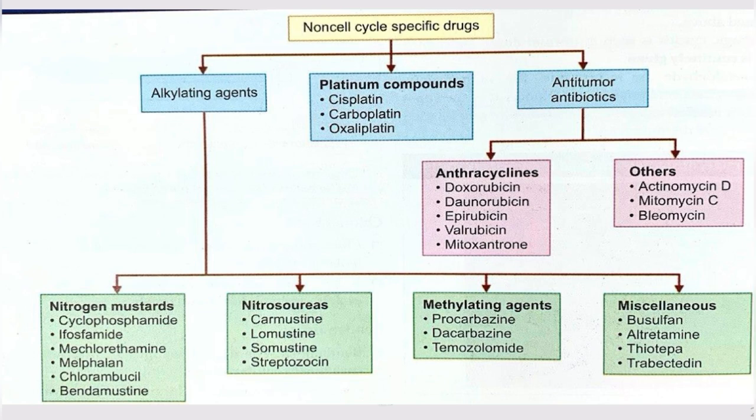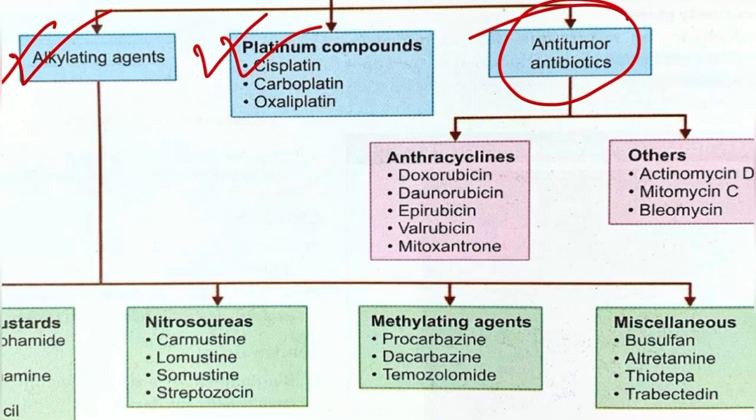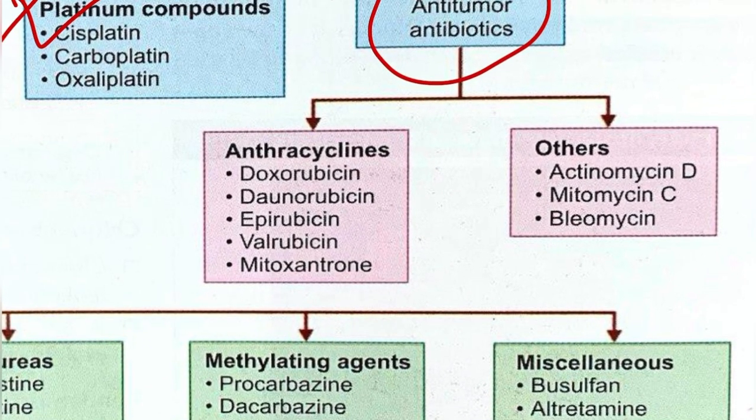Now I have discussed this, and last, that is anti-tumor antibiotics. Carefully note two subclassifications, anthracyclines and others. Among anthracyclines, important drugs are doxorubicin and daunorubicin. These two are very important anti-tumor antibiotics.